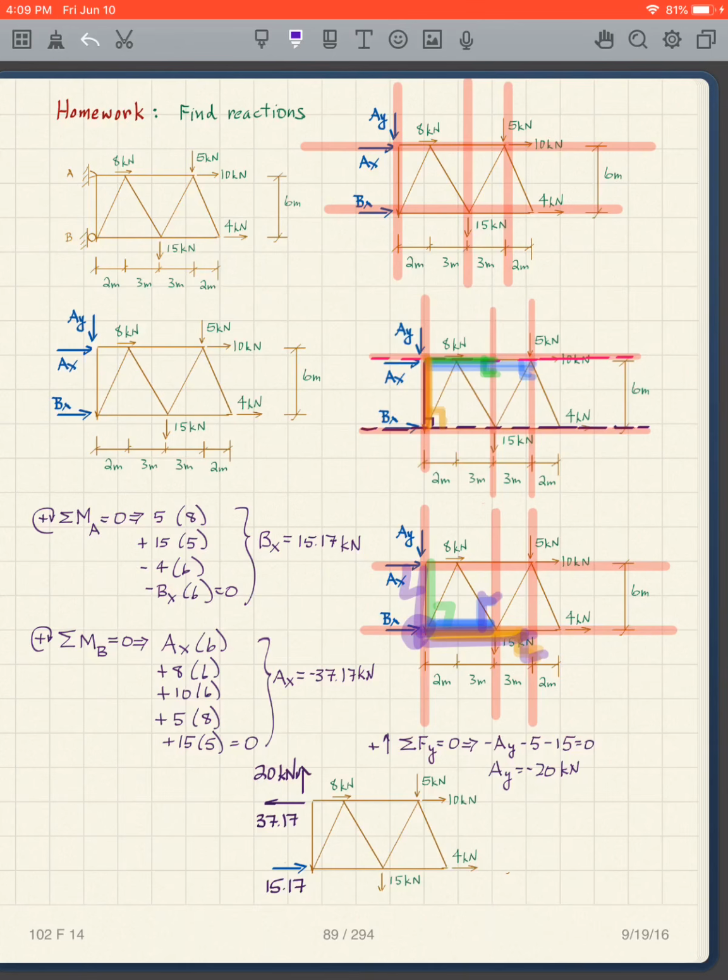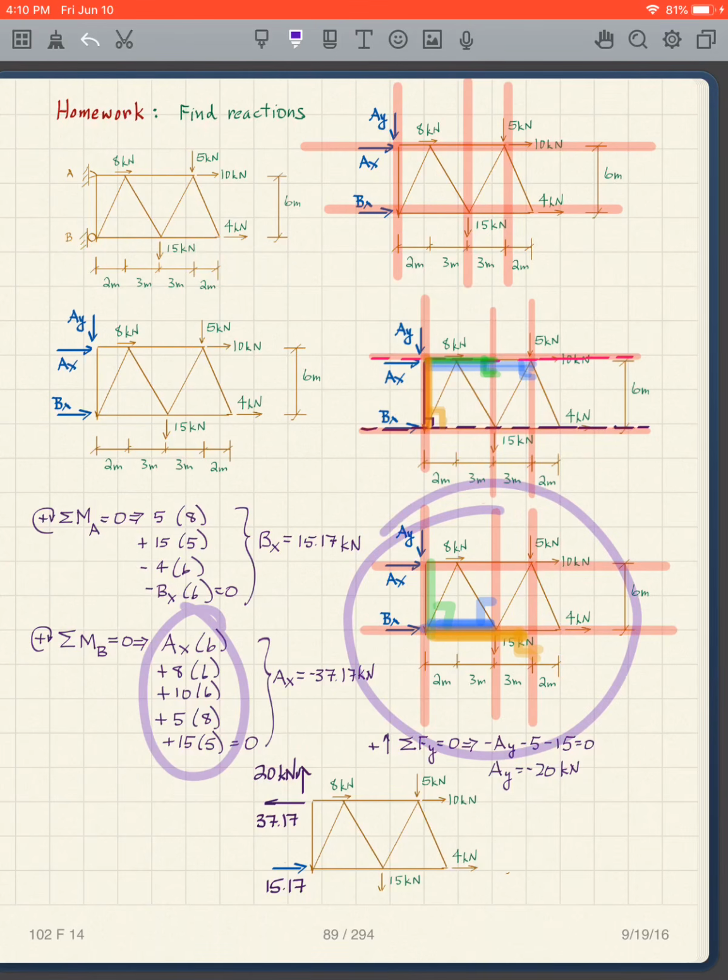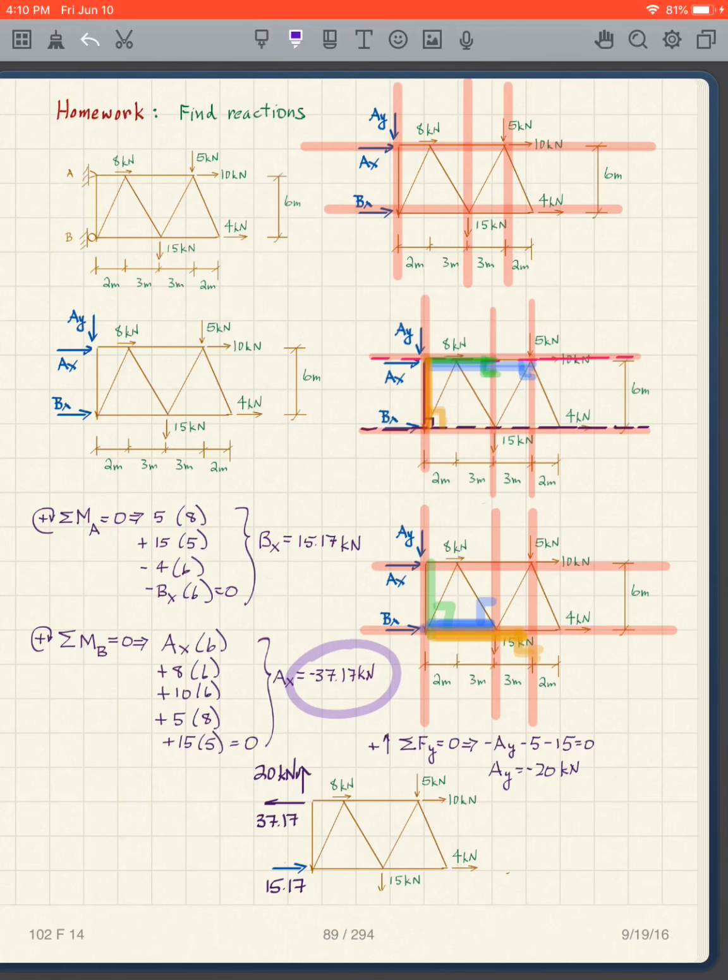There's one. So I'm going to let you look at these and justify where these forces are and what's positive, what's negative. I get AX is equal to negative 37.17. So I follow the same rules that I've been doing. Because it's negative, I've got to flip the arrow around.